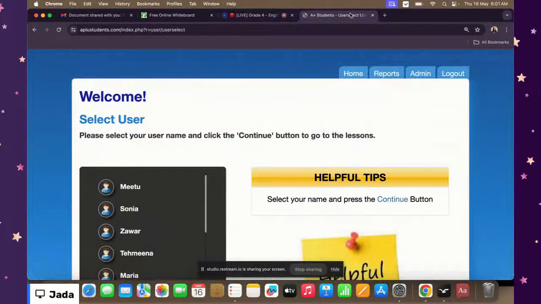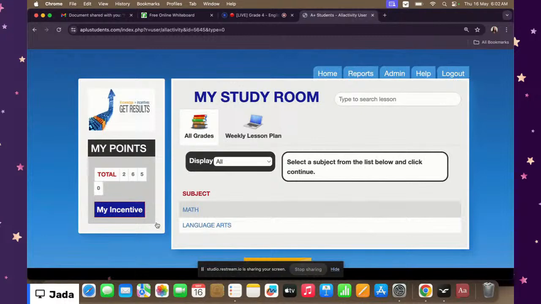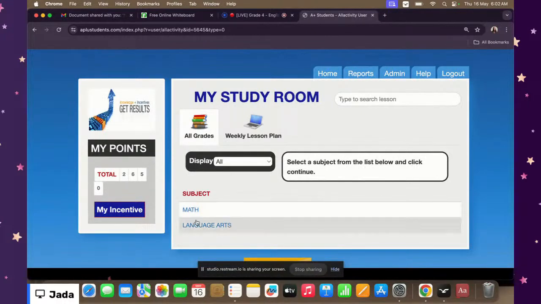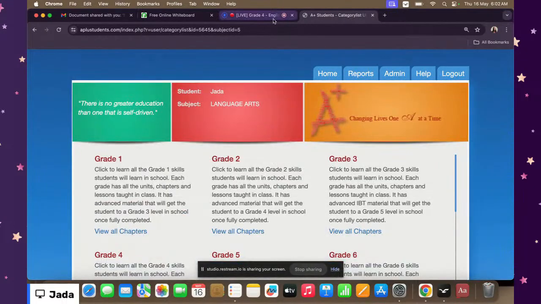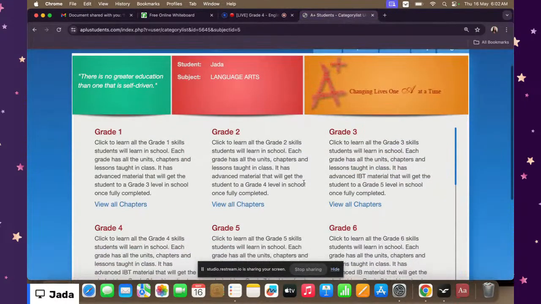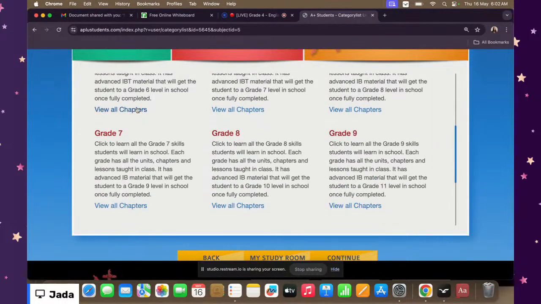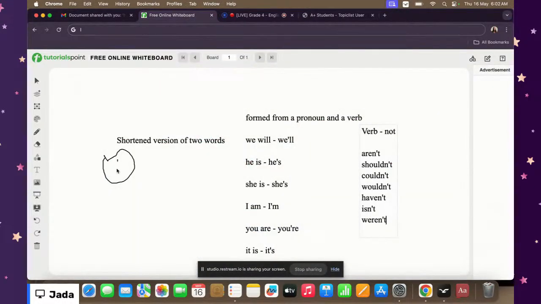So first you log in using aplusstudent.com. Okay, and then you click on your name. Language Arts, then grade 4, adverbs that compare.